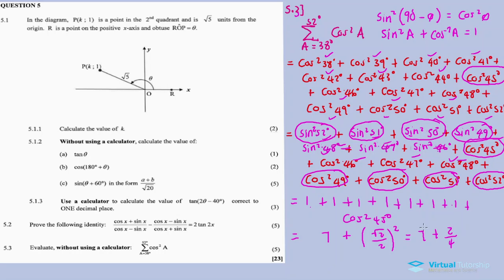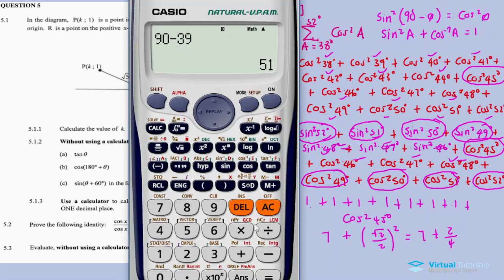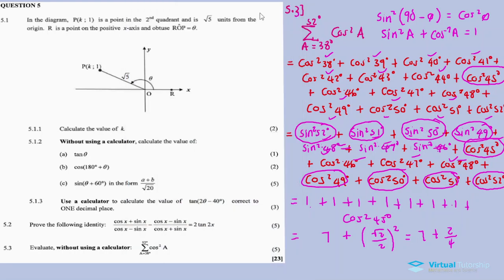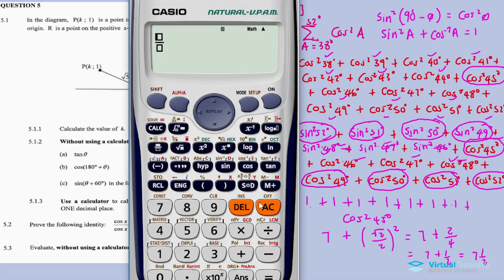So combining, this is equal to 7 plus 1 over 2, since 2 over 4 is 1 over 2, equal to 7 1 over 2. Yes, let me check. 7 plus 1 over 2 is equal to, boom, 7 1 over 2.